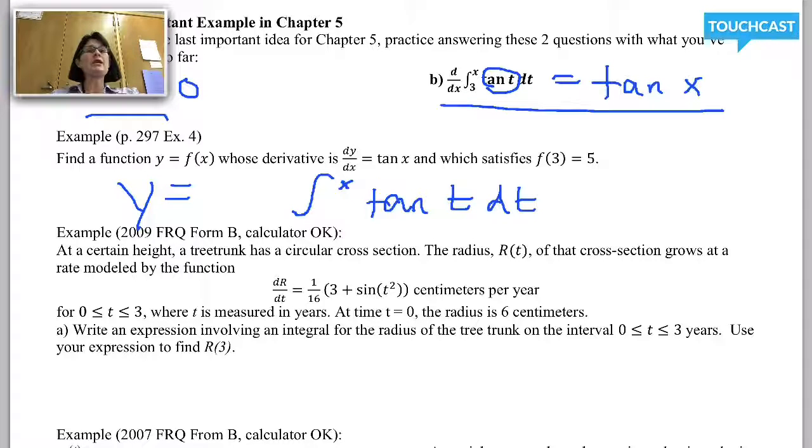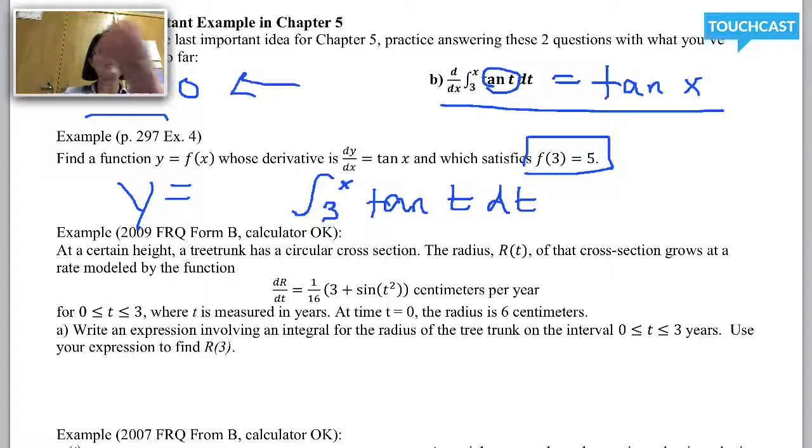Okay, so then the only other thing I have to worry about is how do I make it so that when I replace x with 3, the result, the output of the y function, is 5. And here's the answer. If I make that lower limit 3, then later if I use 3 as my upper limit, remember this example we just did, even though my face is hiding it?